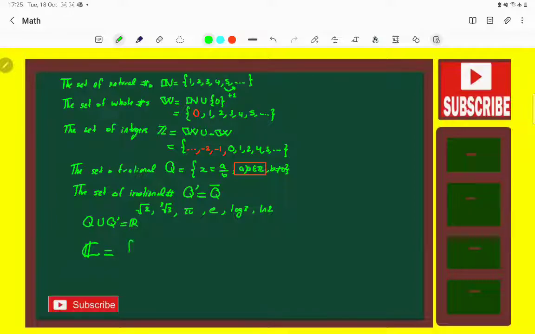The set of complex numbers is defined as a plus ib, in which both a and b are real numbers, and the definition of i is equal to the radical of negative 1. Of course, this number is not defined in the real set. That's why we call it the set of imaginary numbers or the complex set.